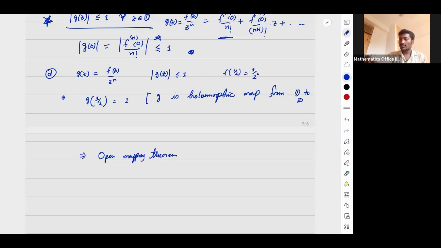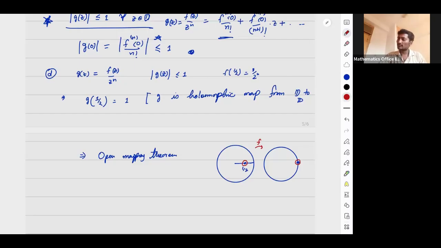So the scene is this. Our point is here, 1/2. And where is the image? 1/2 is going to 1 here. If we take any open disk around here, this should go to an open set, right? 1/2 should be an interior point, meaning an interior point goes to an interior point via g.